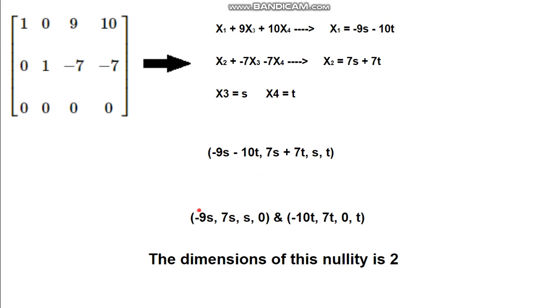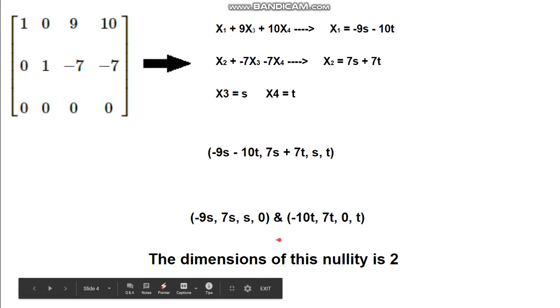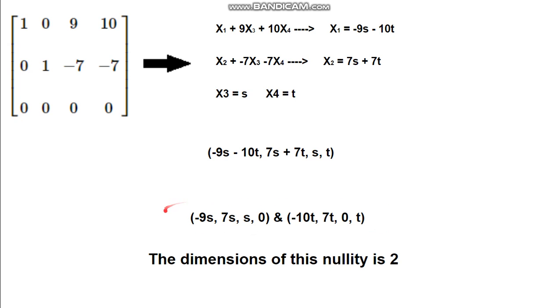Now we're going to get negative 9s, 7s, s, and 0. This part is 0 because there's a t there. Then negative 10t, negative 7t, 0, because this part has an s. So there's 0, and then t from here. So here we can see that the dimension of this nullity is 2, and this is the nullity itself.